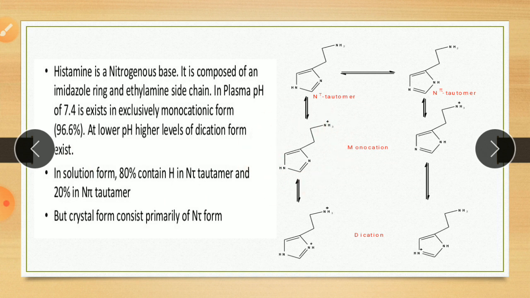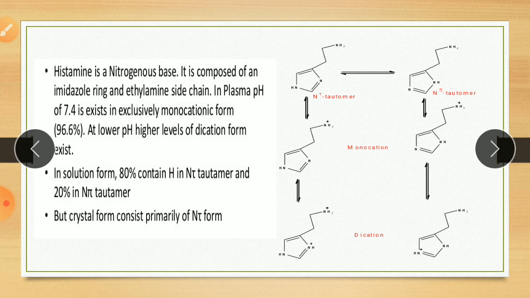So this is the ionization of histamine. SAR studies suggest that the monocationic alpha nitrogen is important for agonistic activity at the histamine receptor. So this monocationic form, where this alpha nitrogen has a positive charge, is required for binding with the histamine receptor.